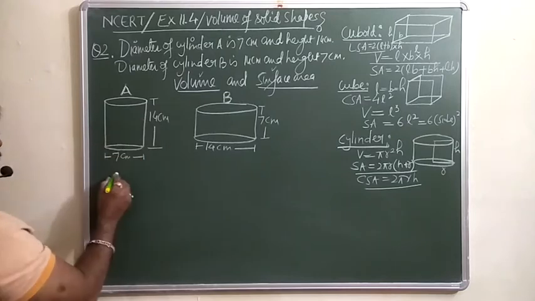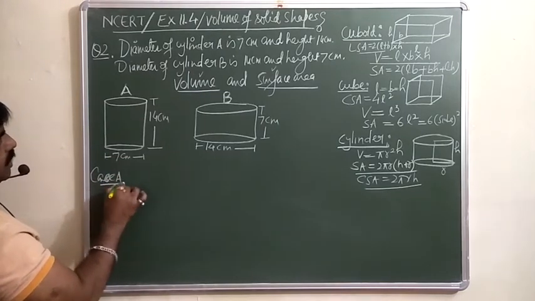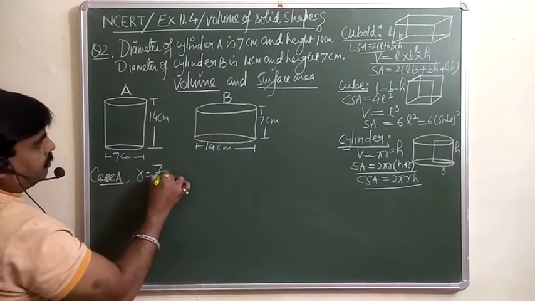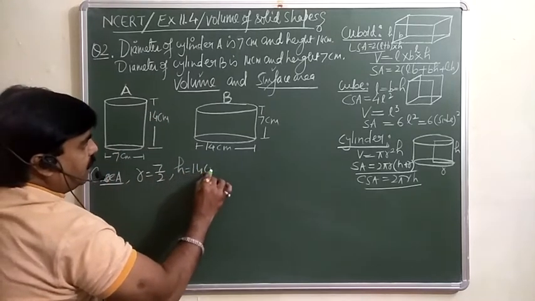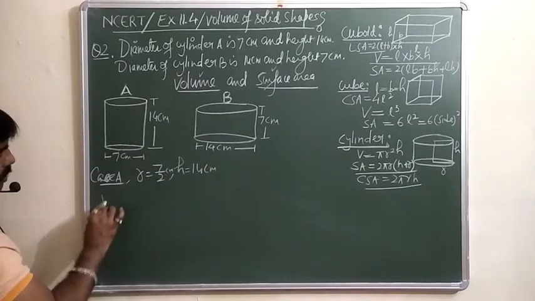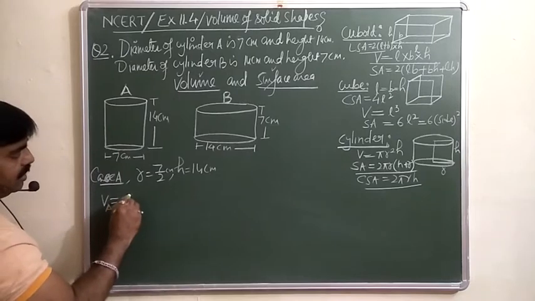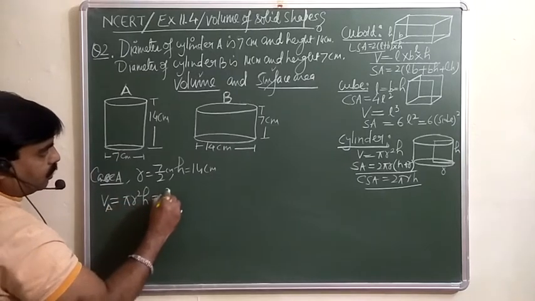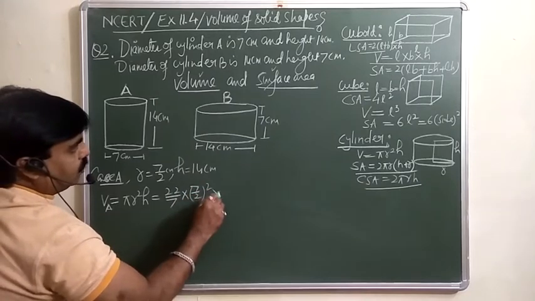Okay. So first we are taking A, then radius will be equal to 7 by 2, and height is equal to 14. So if we calculate the volume of the cylinder A, that is pi r square into h. Pi is 22 over 7, r is 7 by 2 whole square, into h is 14.